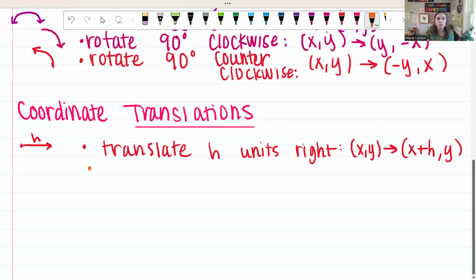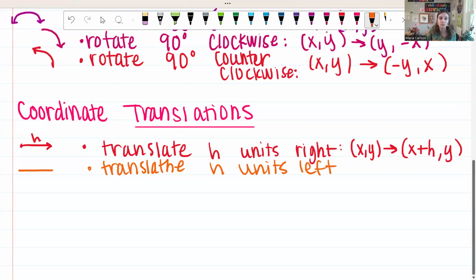Now, if you are translating h units to the left, now you're going the opposite direction, so you are going to subtract h. So your point x comma y is now going to be x minus h comma y. So if you're going to the right, you add h, and if you're going to the left, you subtract.